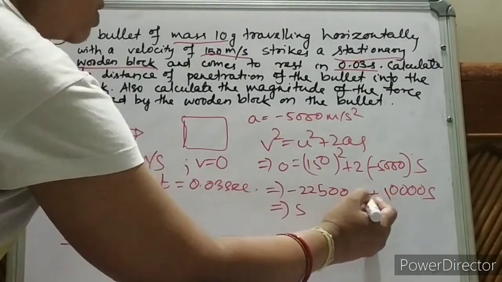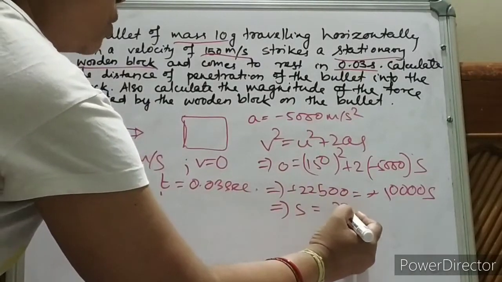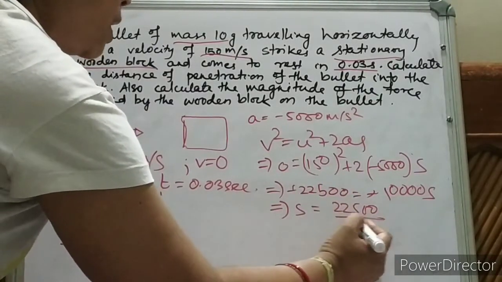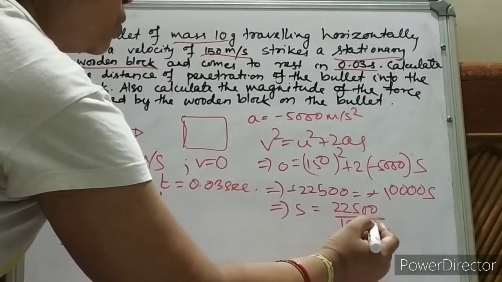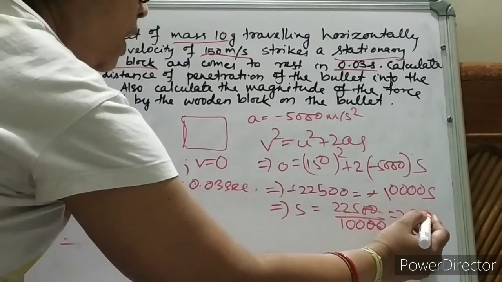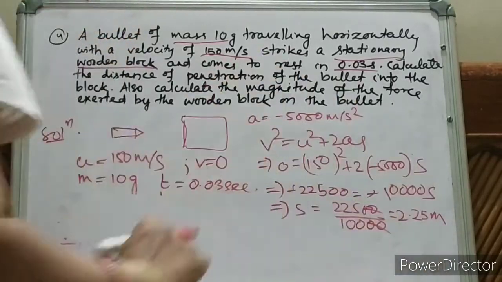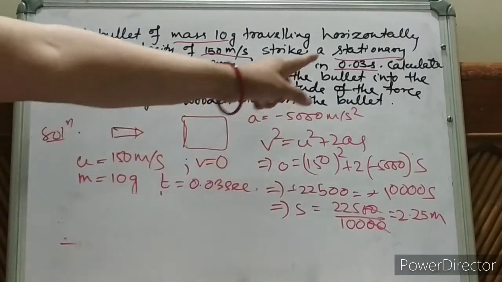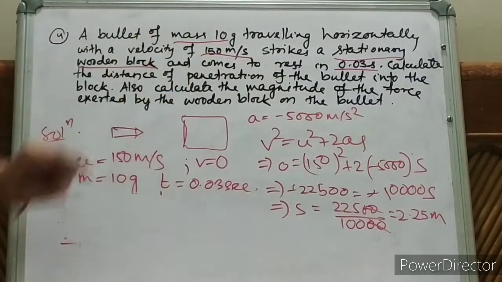So s, the minus signs get cancelled: 22500 divided by 10000. So 2.25 meter. So we got our s, the distance of penetration of the bullet.